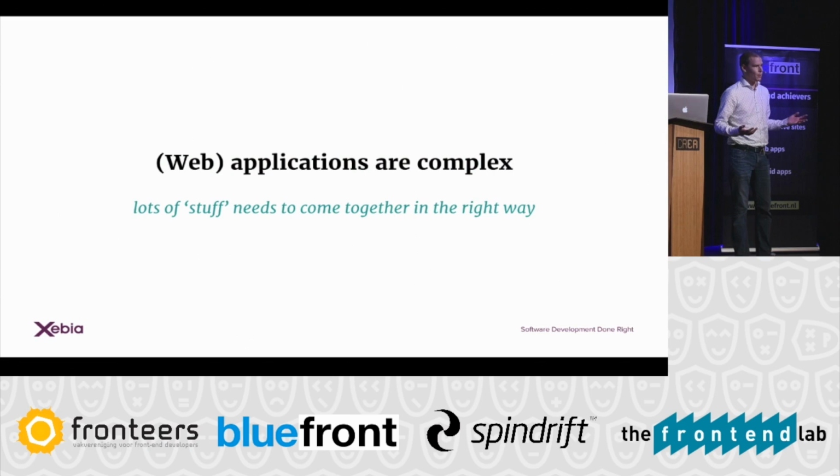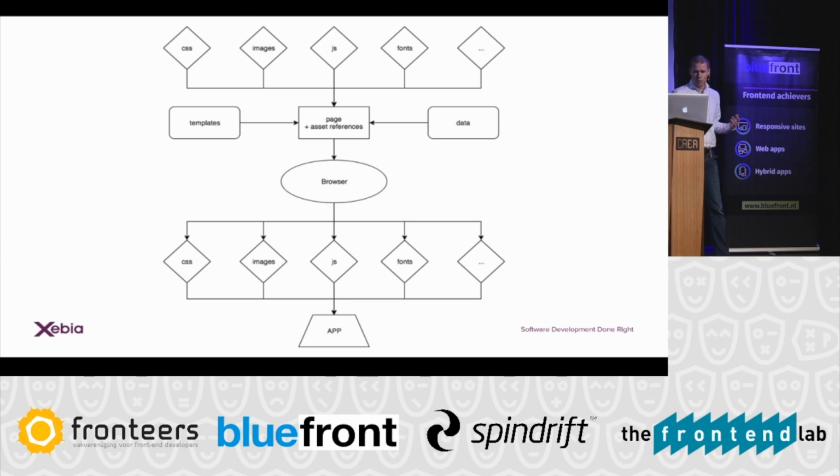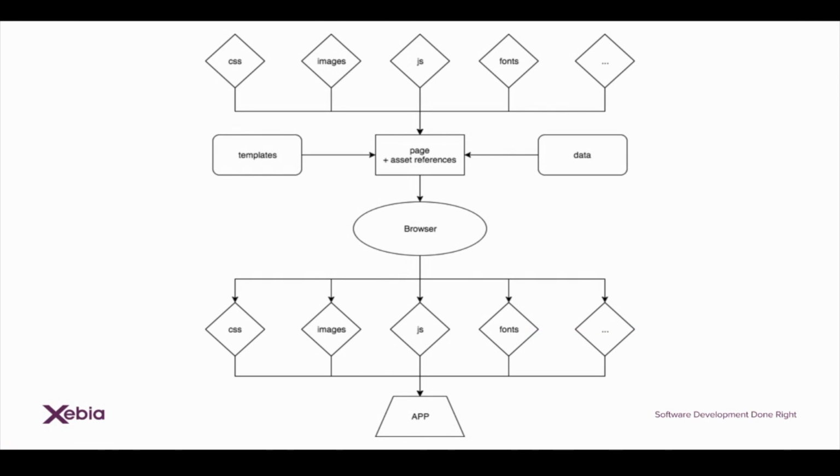So the problem Webpack solves is that web applications are really complex. There's lots of stuff happening and it comes together when building our app. So there's CSS, images, JavaScript, fonts, templates, data all being combined, pushed to the browser, and it needs to download those assets and parse them, etc. And it comes together in a very standard way, that's kind of, this image is supposed to be there, right?